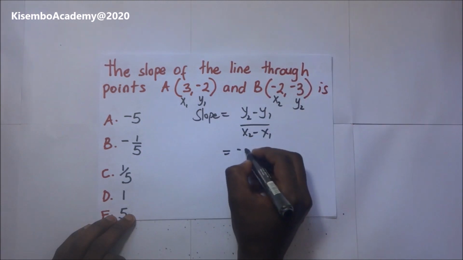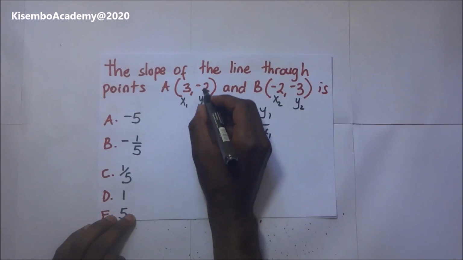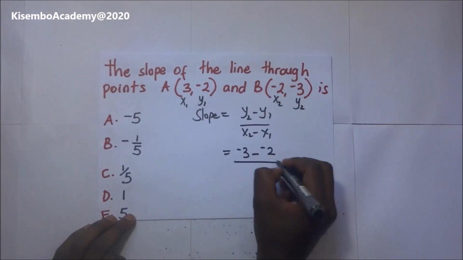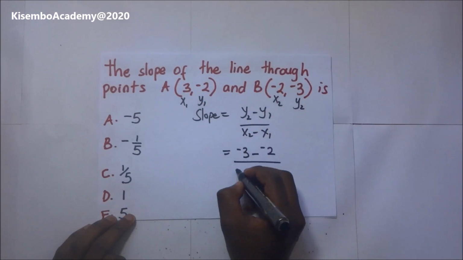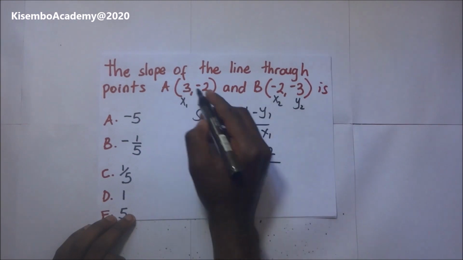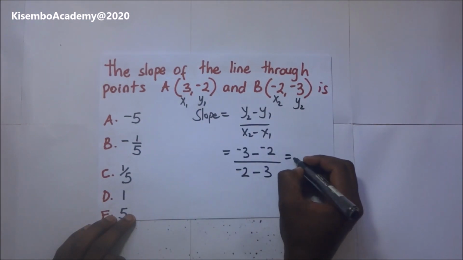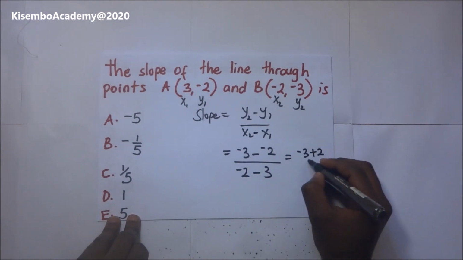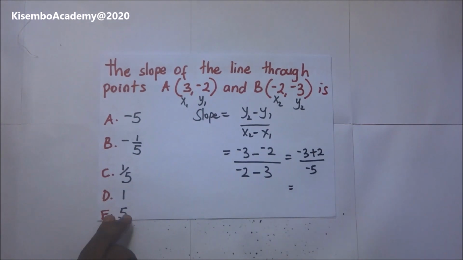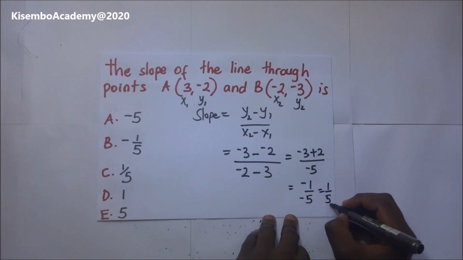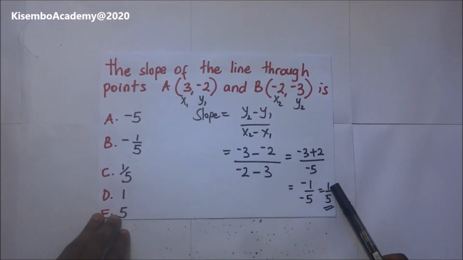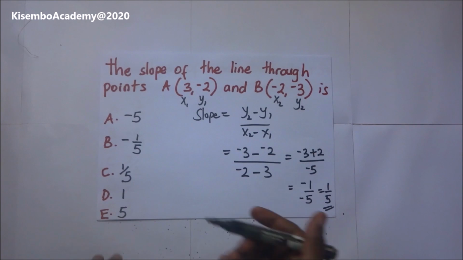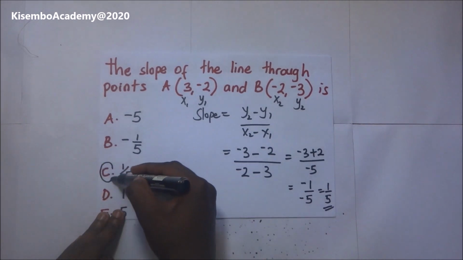So y2 is going to become -3 minus y1, which is -2, divided by x2, which is -2, minus x1, which is 3. We shall end up with -1 over -5. The slope we get is a fifth, so definitely our answer here is 1/5.